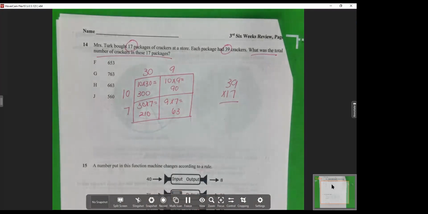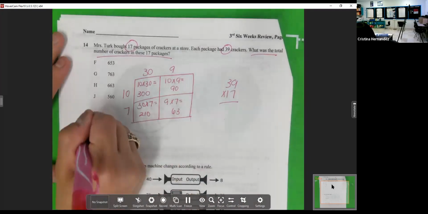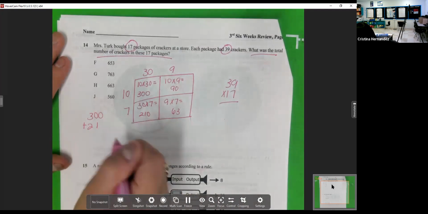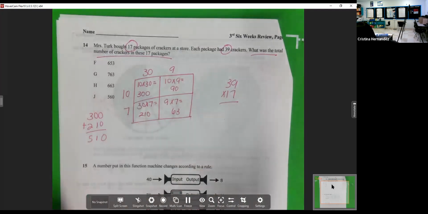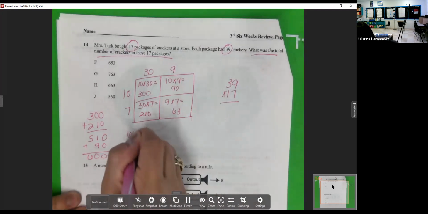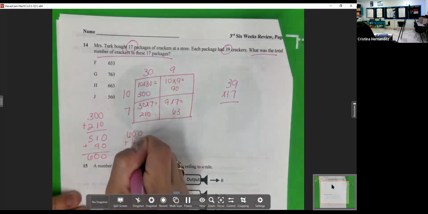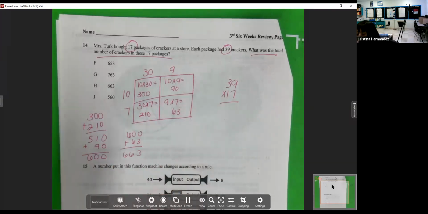We add them. Yeah, you add them. What do you get when you add them? 600 plus 63. Emma and Ella, let me know if y'all got this right.